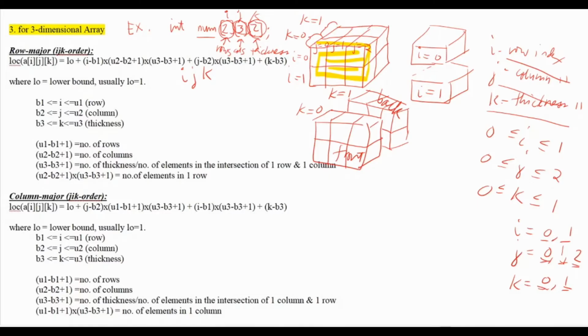The second would be i, k, j. The third could be j, i, k. The fourth would be j, k, i. The fifth is k, i, j. The sixth is k, j, i. So there are 6 ways.